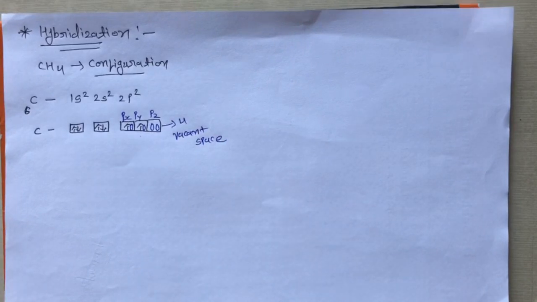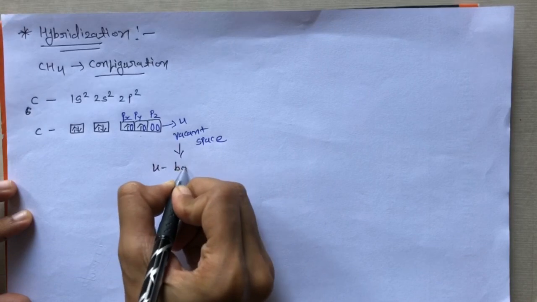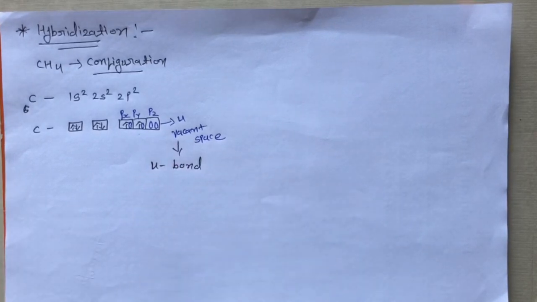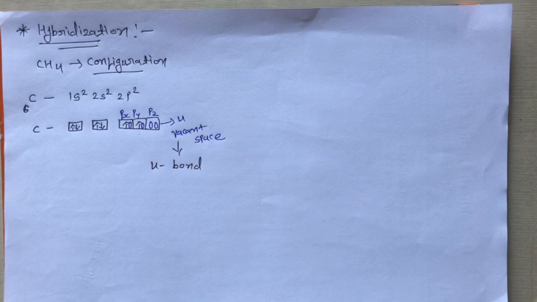So now I have 4 vacant spaces and we make 4 bonds, so we can make 4 bonds easily, right? But how can hydrogen get into Pz? We cannot put two electrons in Pz, so it doesn't make sense. So instead, what can we do?